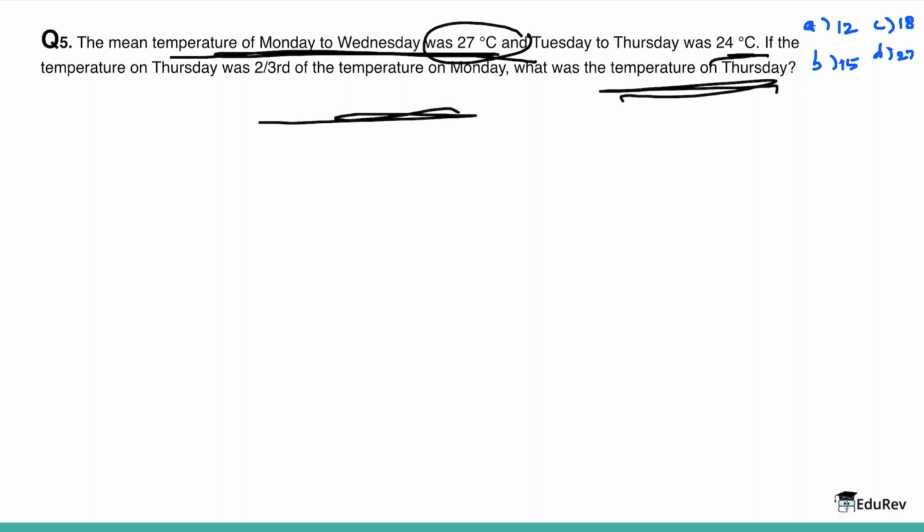Now, from the first sentence, we can get that the total from Monday to Wednesday was 81. Correct? Because the mean from Monday to Wednesday was 27. So, Monday, Tuesday, Wednesday, 3 days. So, 27 times 3 is going to be what? 81.